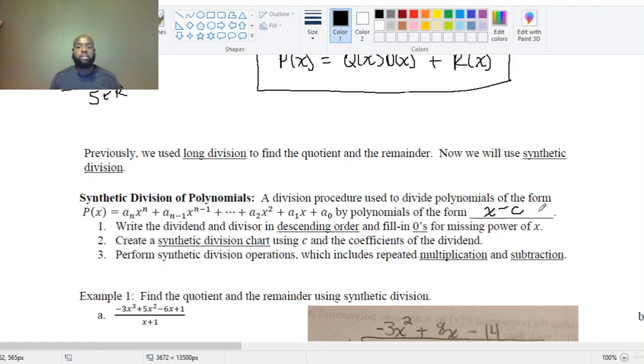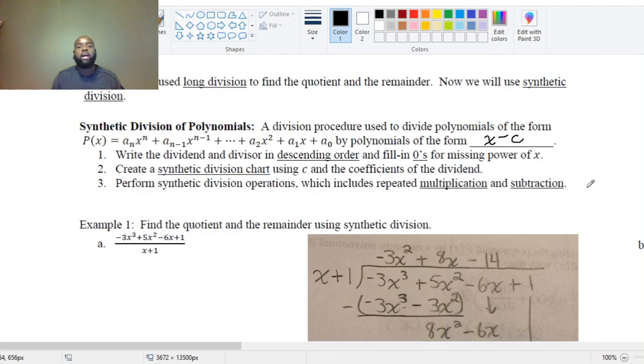It's very important that we know what is subtracted from x because we're going to use that in our synthetic division. So let's talk about how we're going to use synthetic division. The first thing that we do is we write our dividend and divisor in descending order. That means from the highest power to the lowest power.